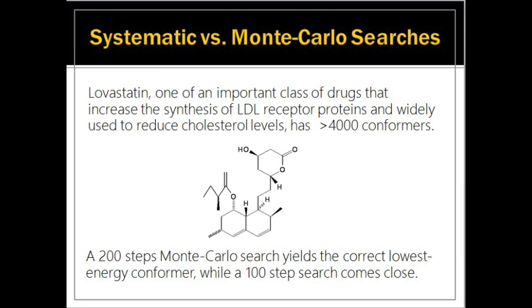If, on the other hand, you do Monte Carlo theory, you will find the best one in 200 steps, about 5%. And you'll actually come extremely close within 100 steps. But I do want to emphasize that if the objective is to establish Boltzmann, which is really what I'm talking about, then you really have to look everywhere.